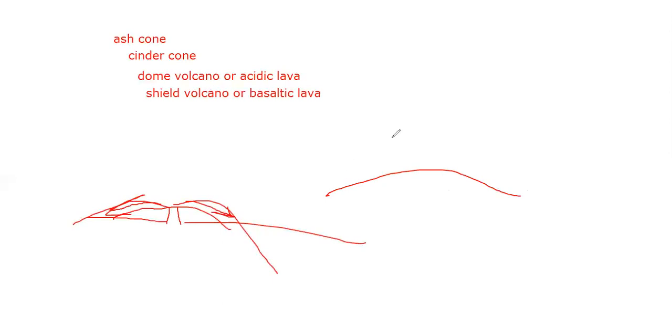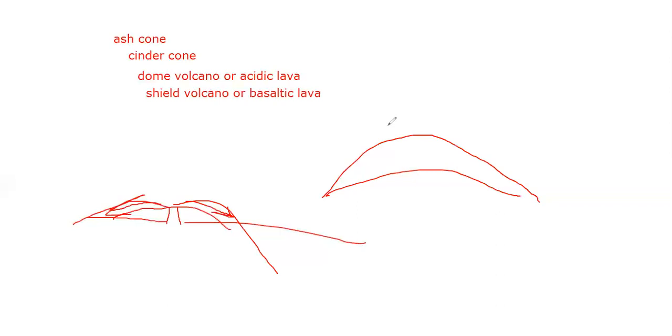It can be steep like this after years upon years upon years, because this would take years, right? These basaltic lava volcanoes normally take a lot of years to form, because you would have a lot of surface runoff of lava.